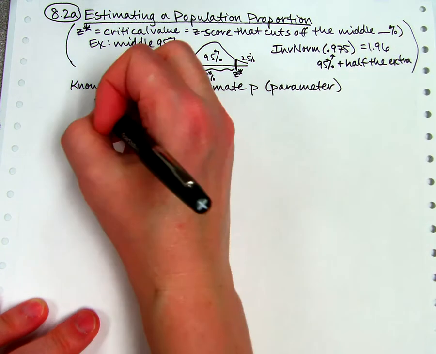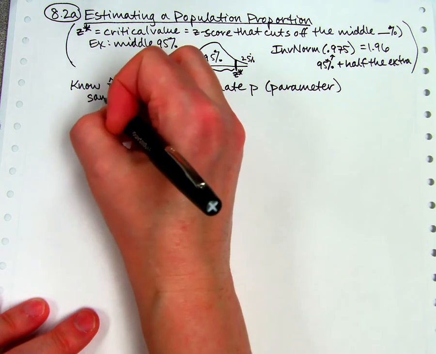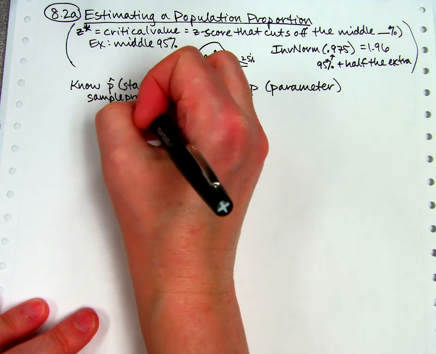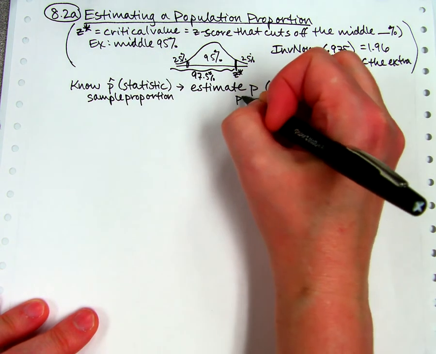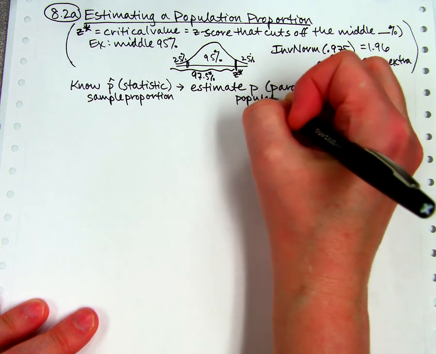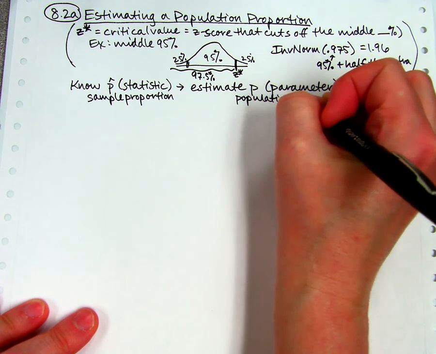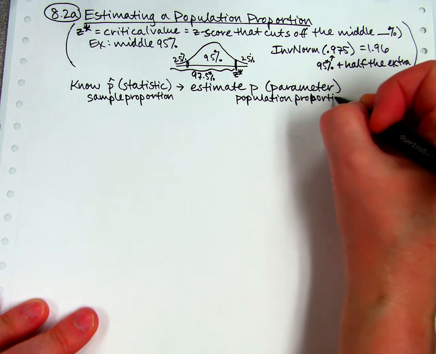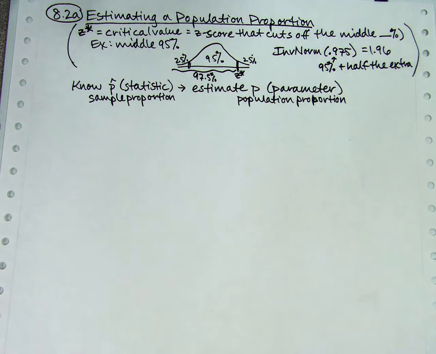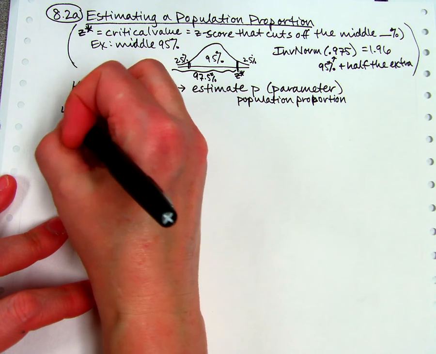Or another way of looking at it is this is the sample proportion, and this is the population proportion. And I gave you the introduction to that in 8.1, but today we're going to make it much more formal. We're going to start doing the 4-step process for this, and I will walk you through those steps. So we're going to actually do the 4-step process twice today.